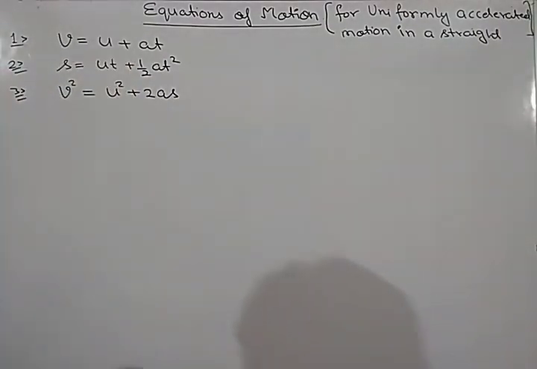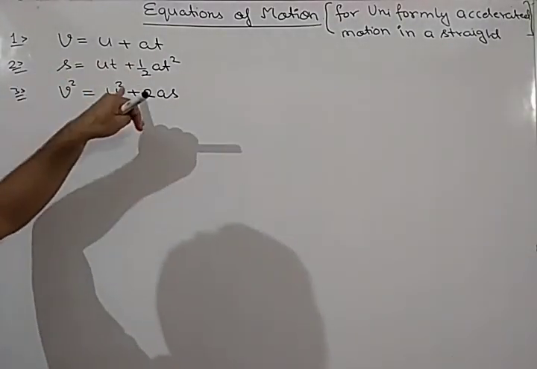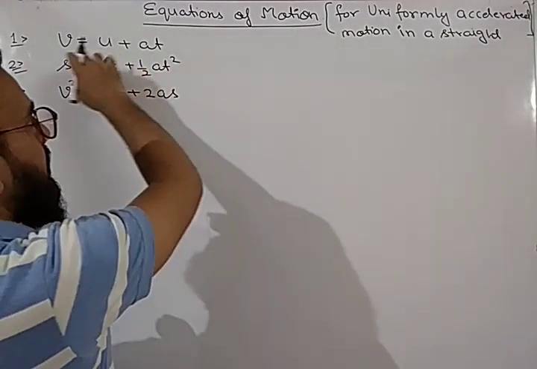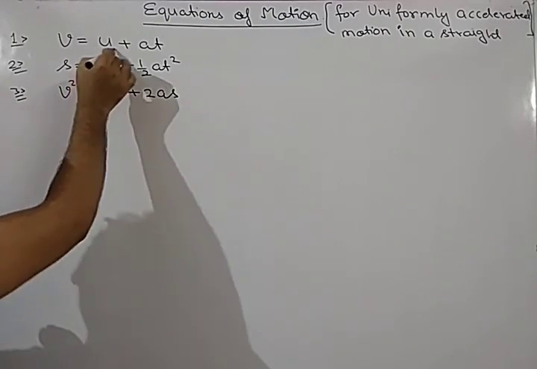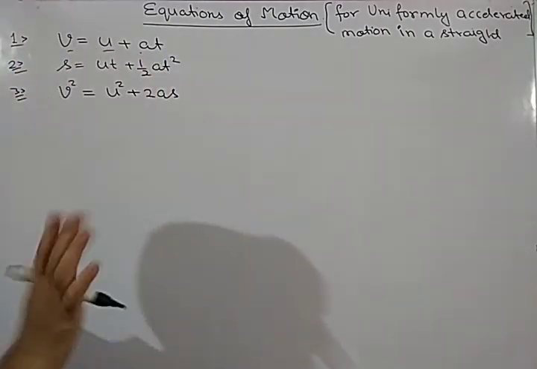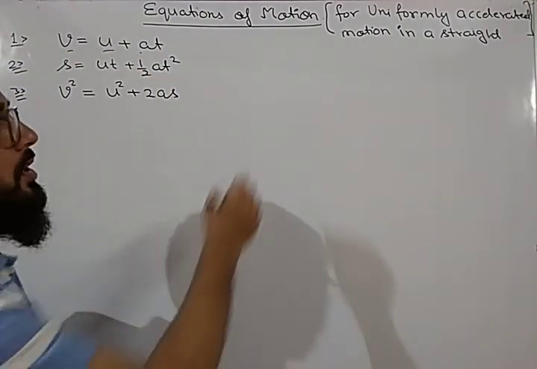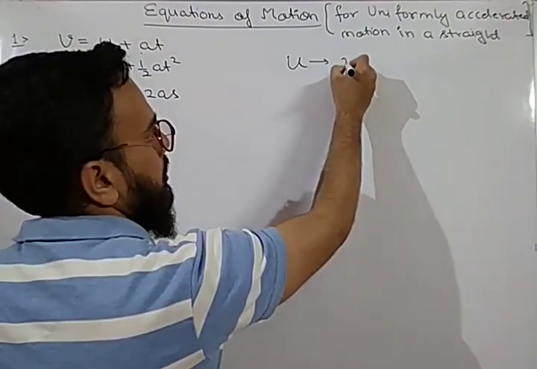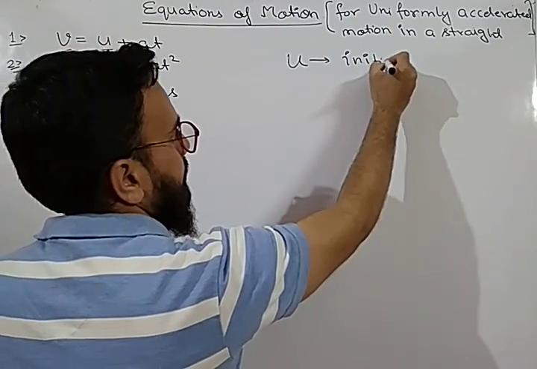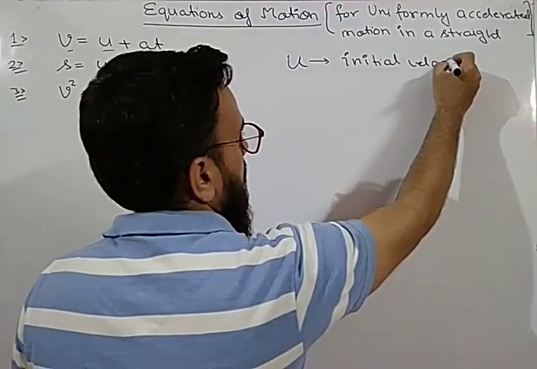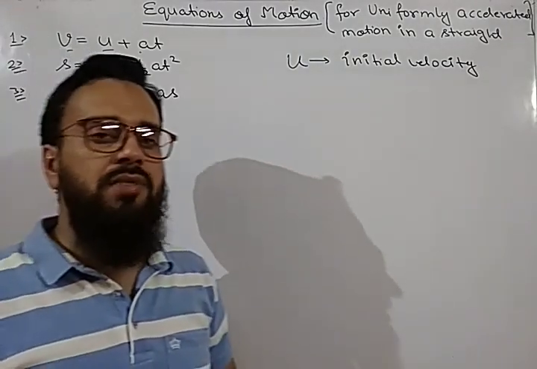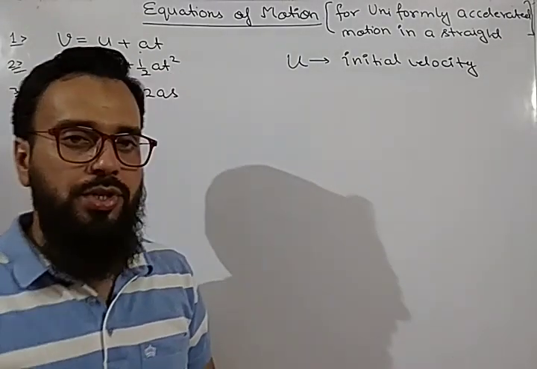Now what are these terms? First let us understand what these terms are, then we will derive the equations. There are some terms: u, v, a, t and s. There are 5 terms in these three equations. So first, what is u? u means initial velocity of an object. And what is initial velocity? The velocity with which any object starts its motion.